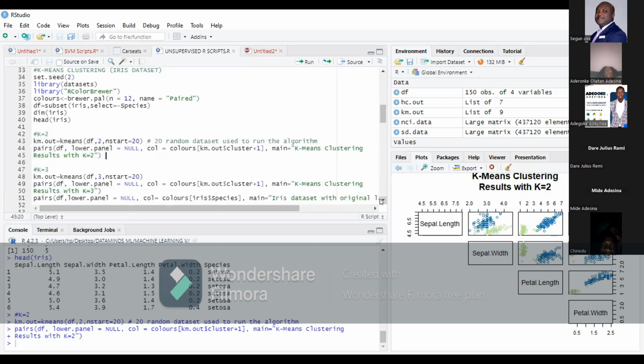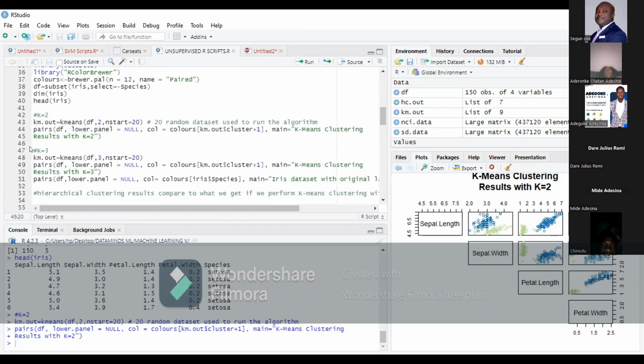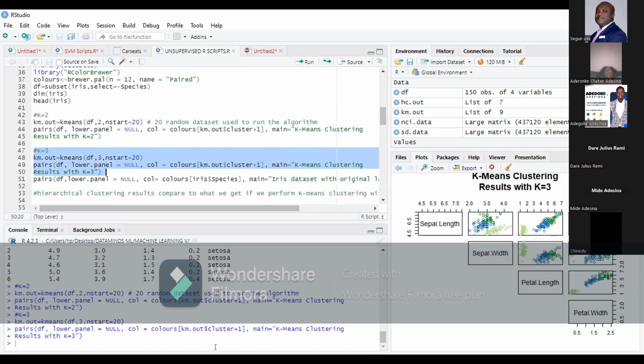So when we have 3 clusters, these lines 48 to 50, now gives us that. So for 3 clusters, that is done. We have that already.